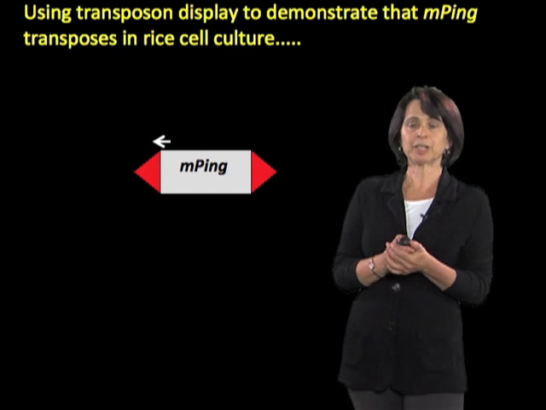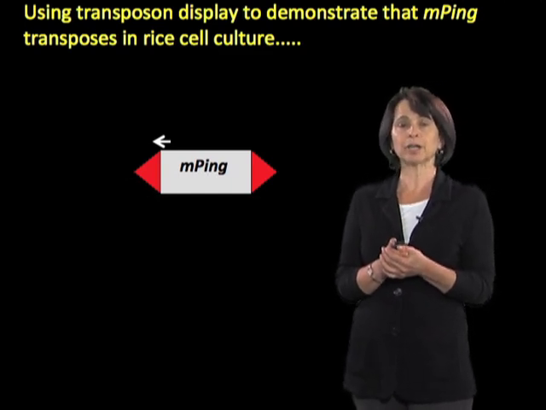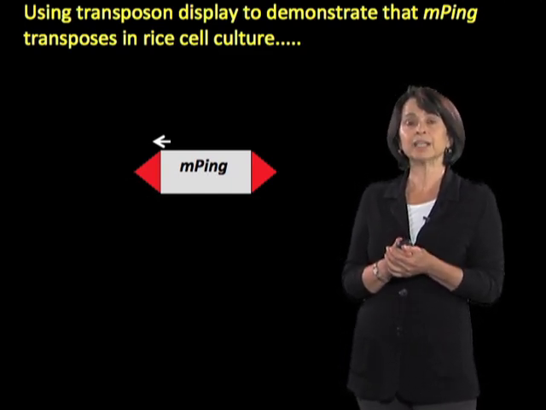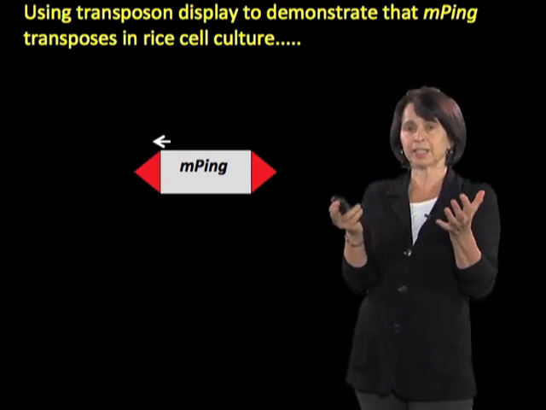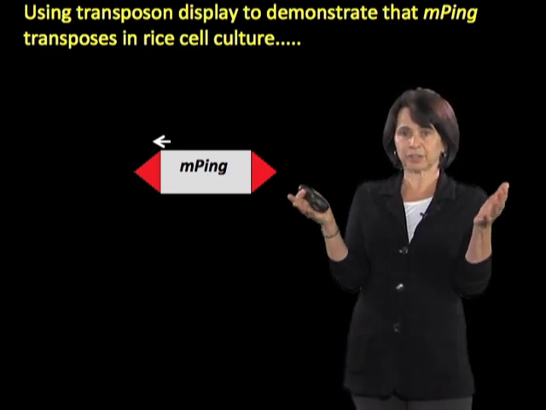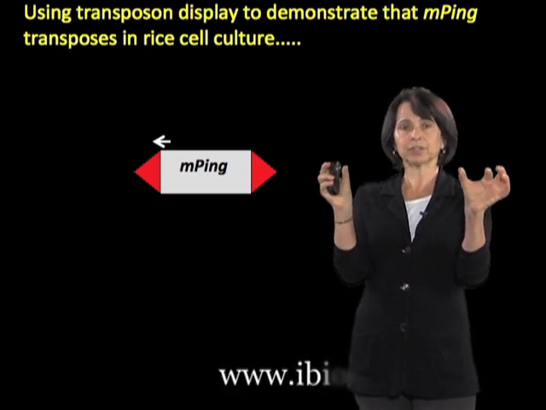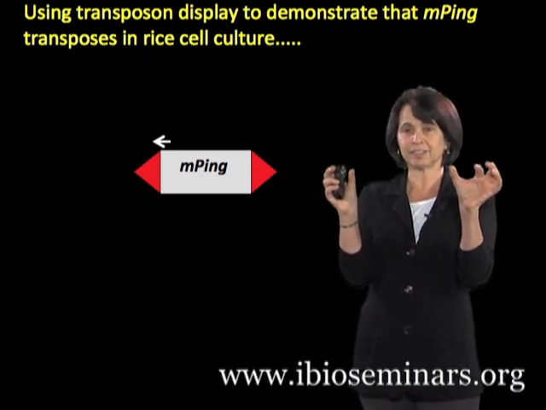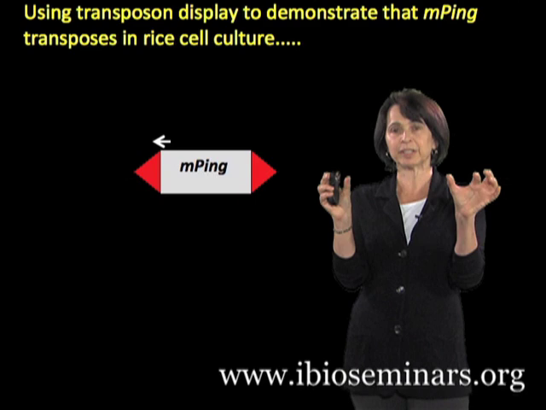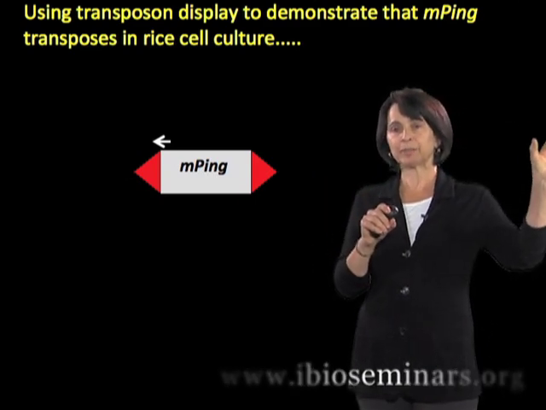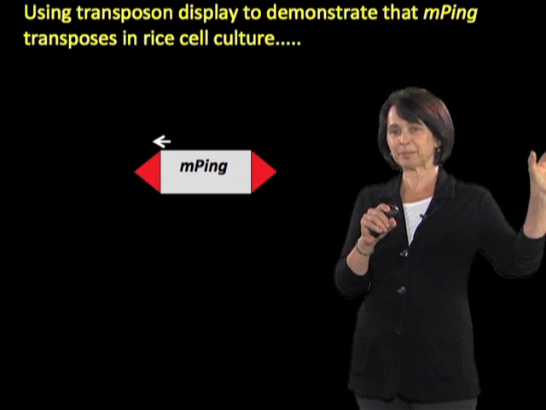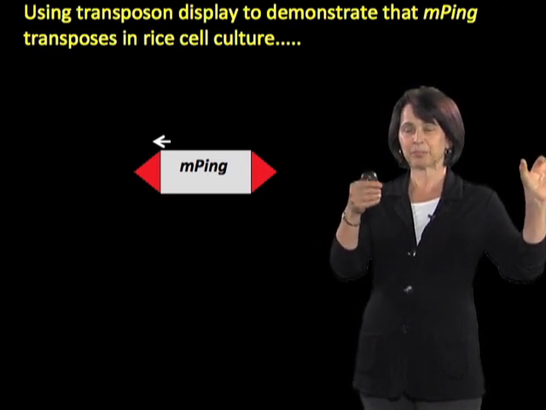So what you do is you make a primer, and here we made a primer that was near the end of the Emping element. Then we take genomic DNA, cut it up with a restriction enzyme, and put adapters at the ends of the genomic DNA fragments. We then do PCR using a primer for the adapter at the end of the genomic fragments and a primer from the Emping element.